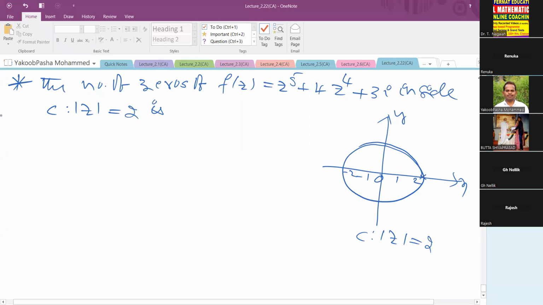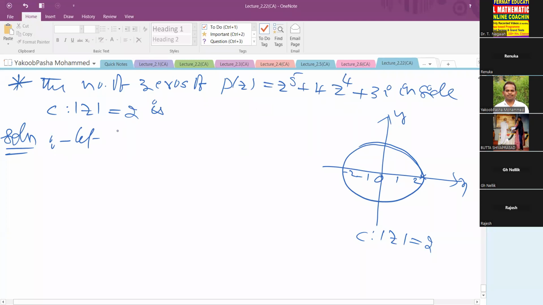So first of all, this is f of z అని ఇచ్చాడు. నేను f of z కాకుండా ఇది p of z అని తీసుకుంటాను. p of z is equal to z power 5 plus 4 z power 4 plus 3i.